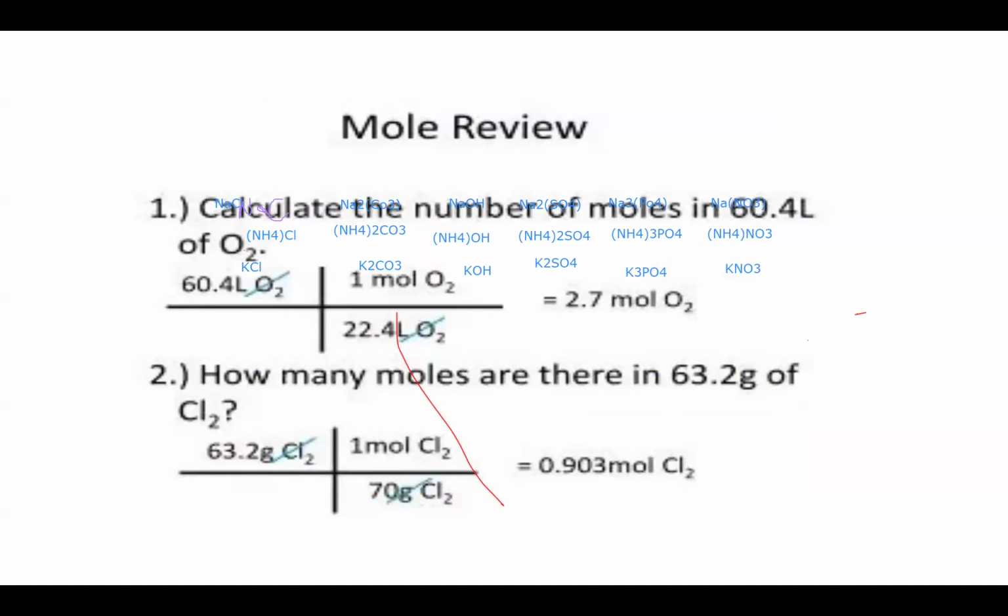Calculate the number of moles in 60.4 liters of oxygen. When I was reading the chapter in the book, it didn't explain where to get the amounts from. It talked more about mass, but it still didn't explain, unless I missed it, where those numbers were coming from.